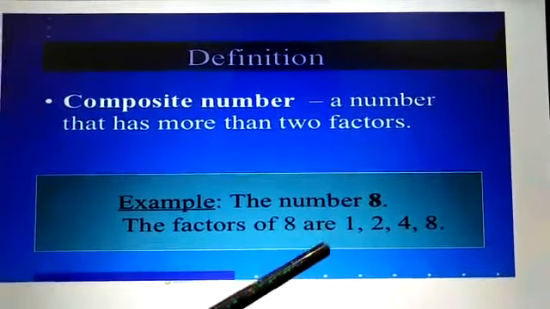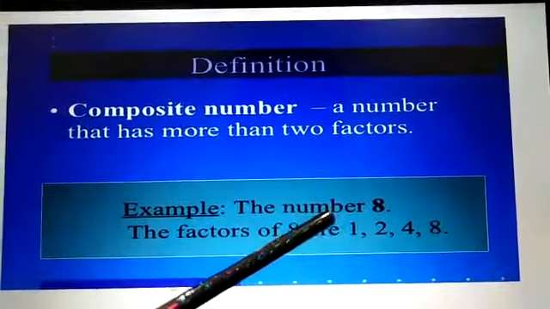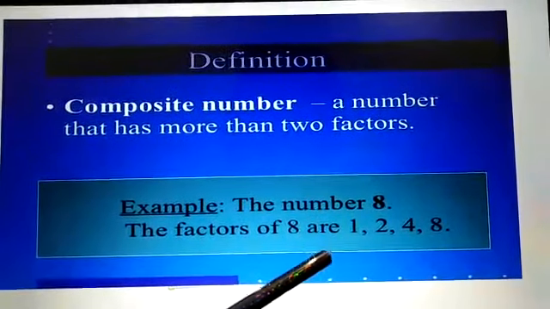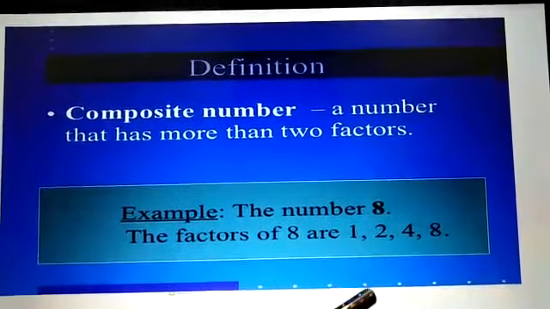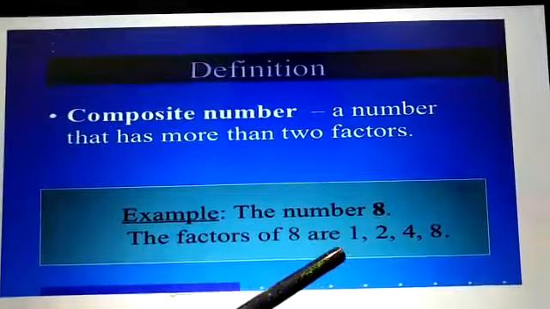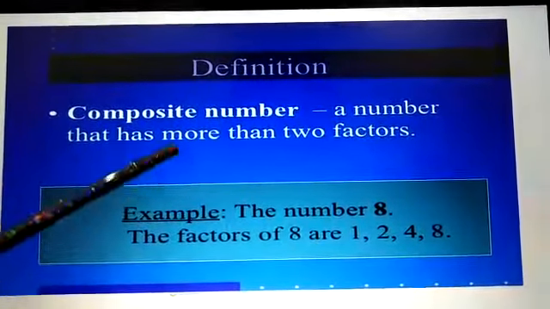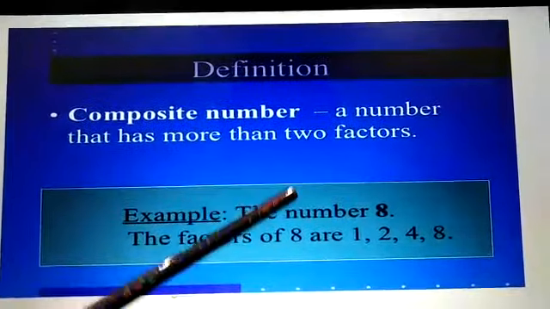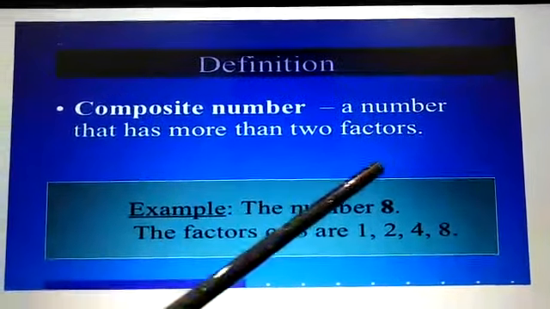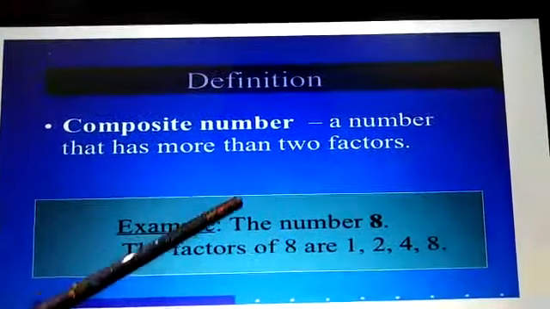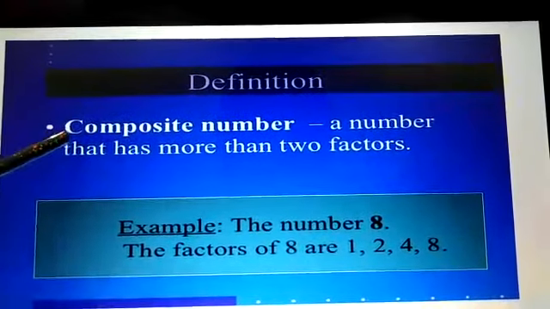Factors means a number which can be completely divided by another number. So you have to check if a number has 2 factors or more than 2 factors. If a number has more than 2 factors, then it means that this is a composite number.